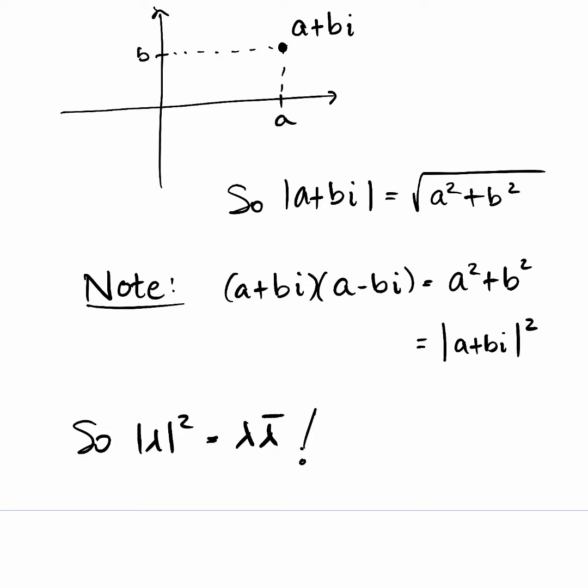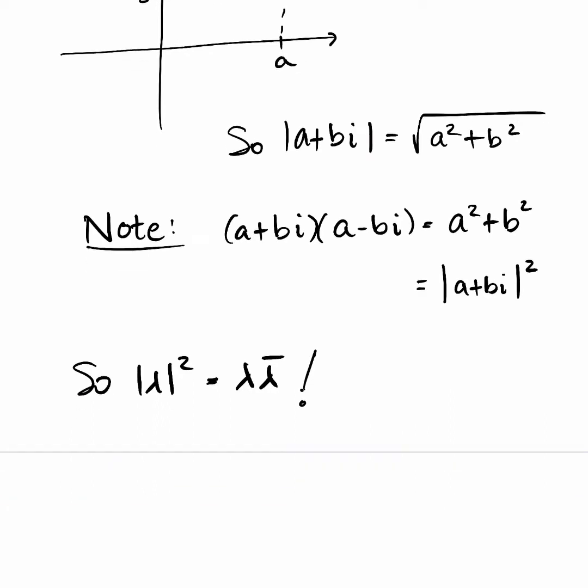Great. These facts for complex numbers are going to come into play as we start to think about what the inner product on Cn should be. Okay. Here's our definition.